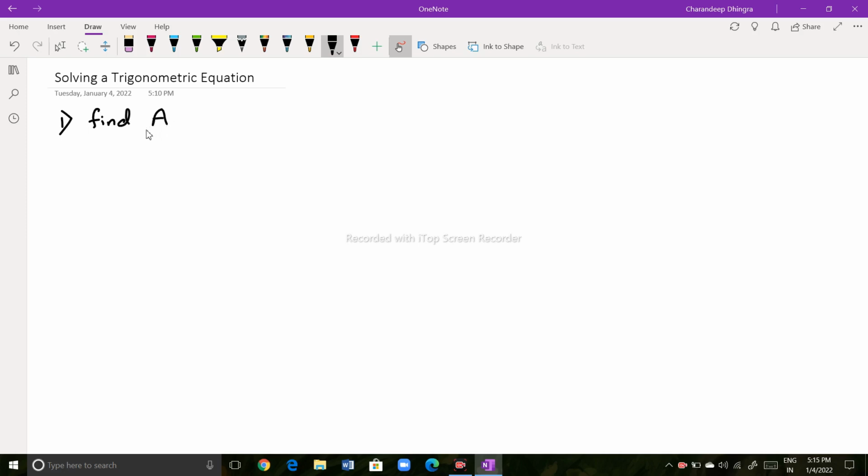So, let's say we have been asked to find angle A if. Let's see the first one. Let's say the question is sine of 2a is equal to 1. Let's say there was one more question which says 3 cos 3a is equal to 1.